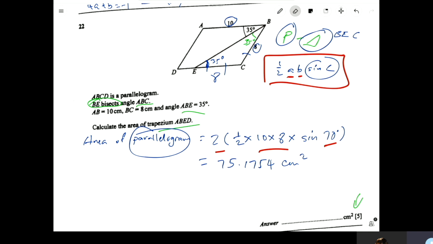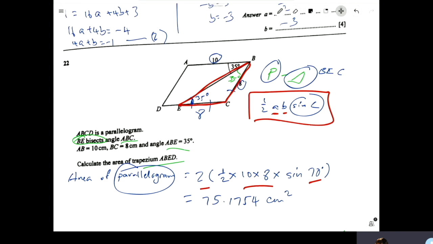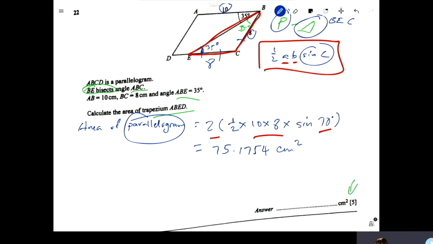Okay, so let's find triangle BEC. So triangle BEC is here. Can you tell me how to find the area of triangle BEC? Half AB sine C. Yeah, same stuff, right? So let's write down the area of triangle BEC, half times 8 times sine.